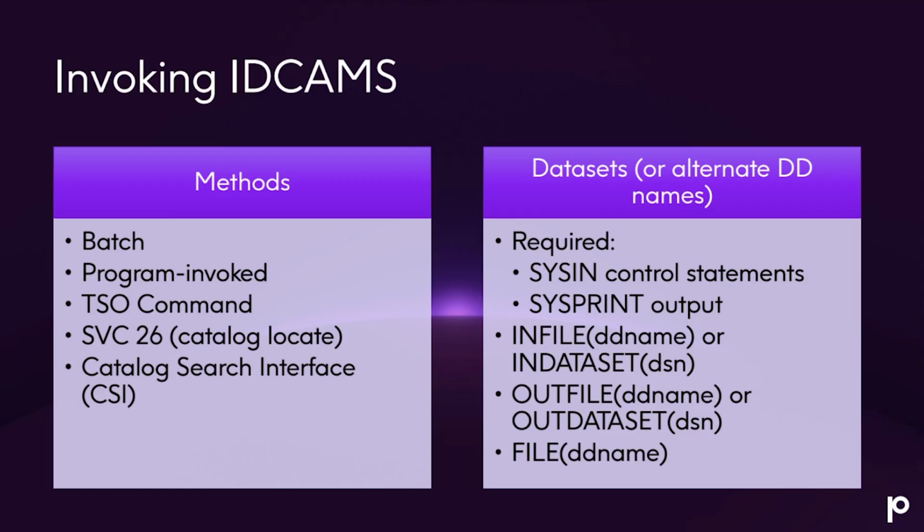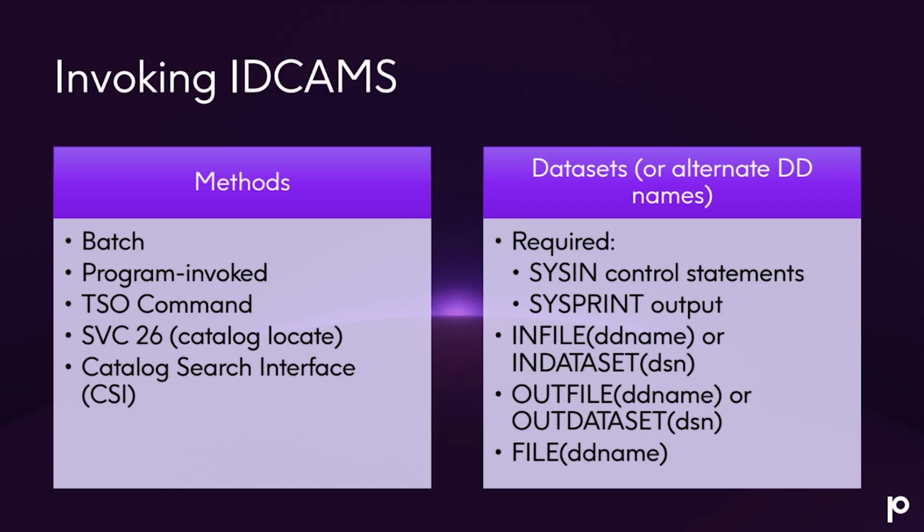And we can invoke IDCAMS in a couple of different ways. I tend to think of it as a batch program, but really it's invoked from almost anywhere. You can call it as a utility. You can, within your program, invoke IDCAMS to do things like, again, create VSAM data sets or create non-VSAM data sets or alter entries in the catalog to change perhaps an expiration date or things like that.